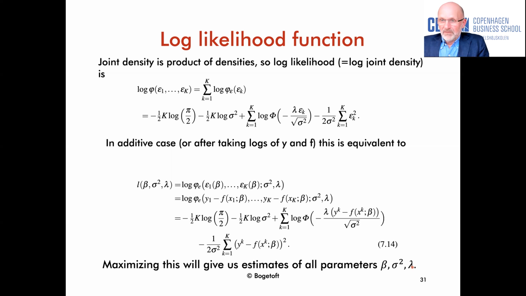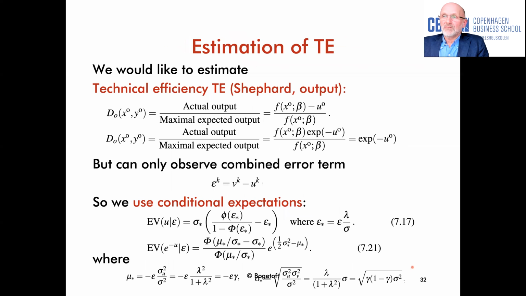If you do that, however, then we get an estimate of beta. And now the question is, how should we measure technical efficiency? Shephard output technical efficiency, we do know, is actual output divided by maximum expected output. And depending on whether you have a multiplicative form, now we get back to the multiplicative one.